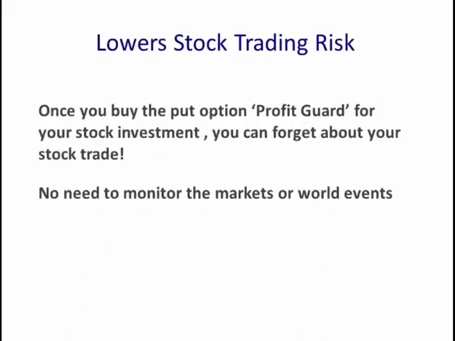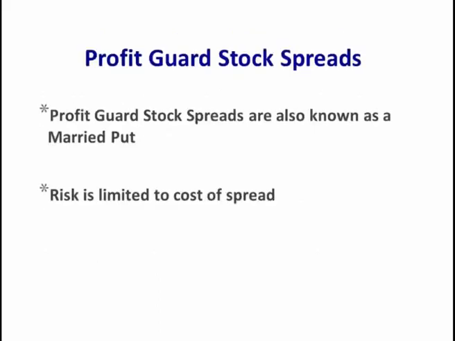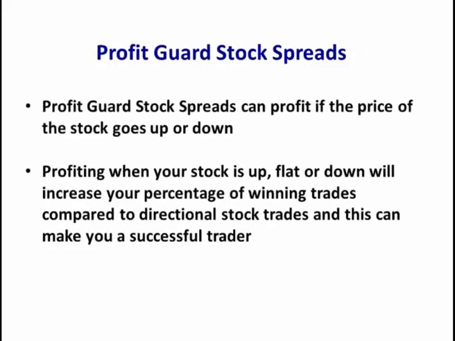Just like the profit guard option spreads, once you buy the put protection for your stock trade, you can forget about that trade until option expiration. There's no need to monitor the markets or set protective stops. The profit guard stock spreads are also known as married puts, and the risk is limited to the cost of the spread.